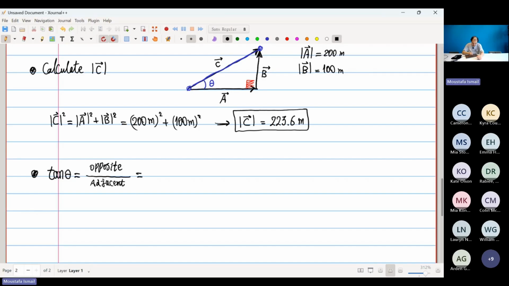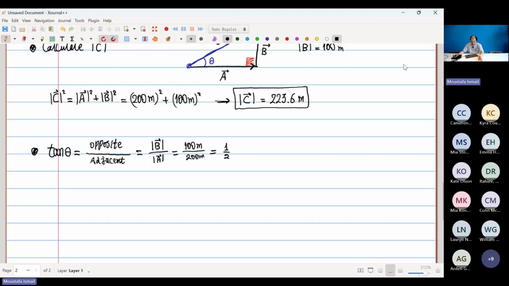In this case, it is the magnitude of the vector B divided by the magnitude of the vector A. So 100 meters divided by 200 meters, the units cancel and you only get a number, you get a half.